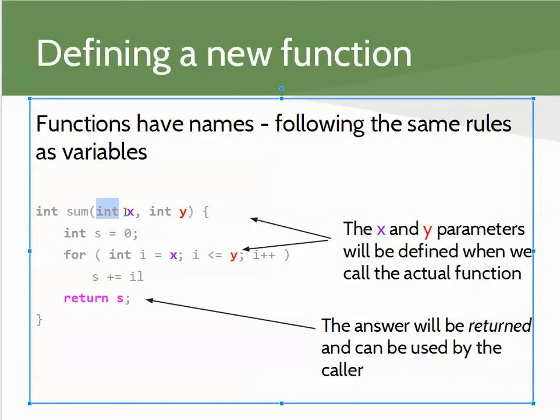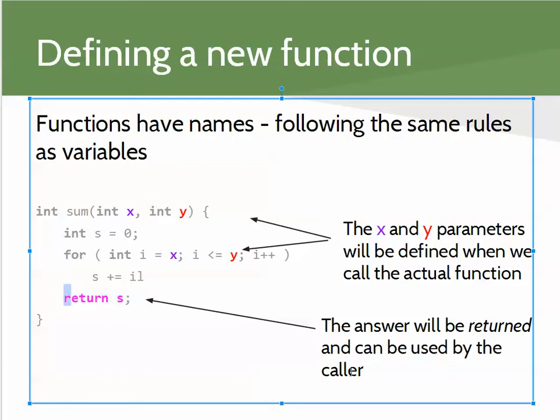And in fact, they very much are separate variables that are being created and are actually tied to this function. But they're special in that they're going to be initialized with whatever the user of your function, which is probably you, uses when calling the function itself. We have local variables, and then we return the value.